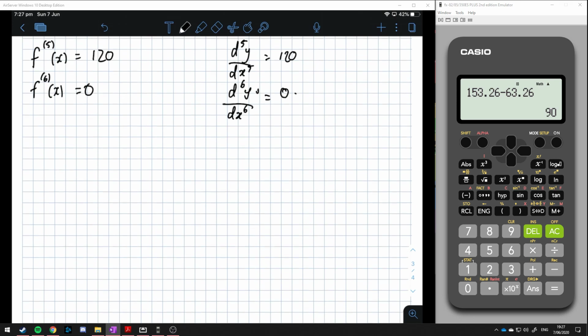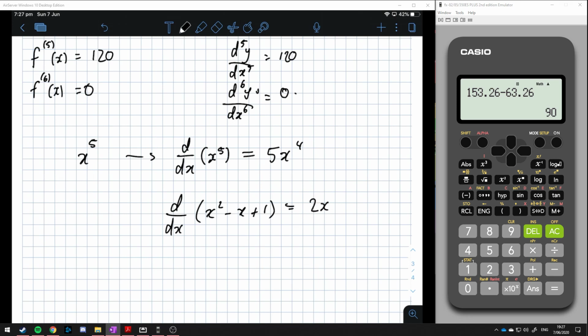So if we have x to the power of 5, we can apply the differentiating operator, d dx, on x to the power of 5, and that's going to give us 5x to the power of 4. Nothing too complicated. And we could do this again: d dx of x squared minus x plus 1 is just equal to 2x minus 1.